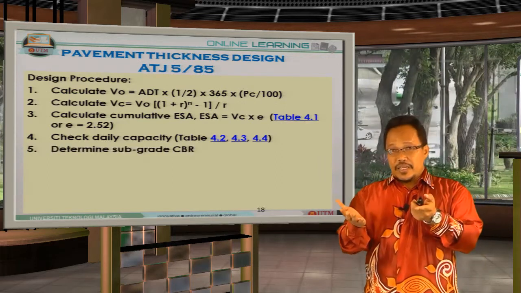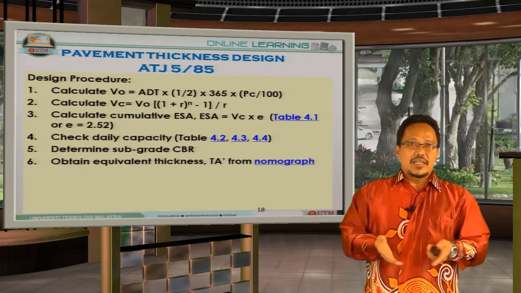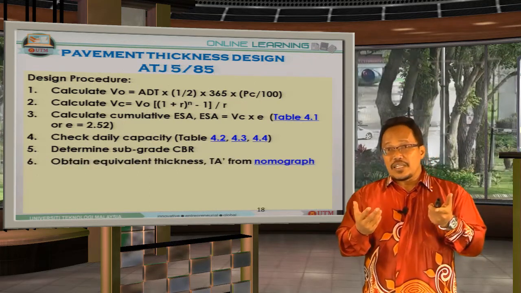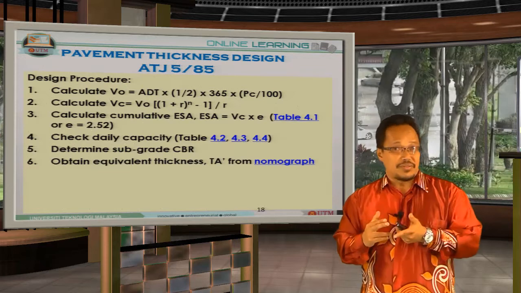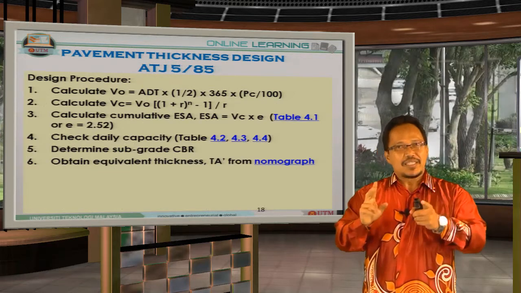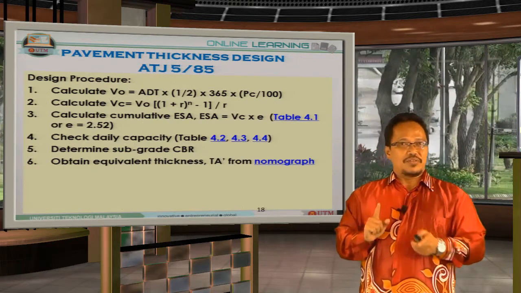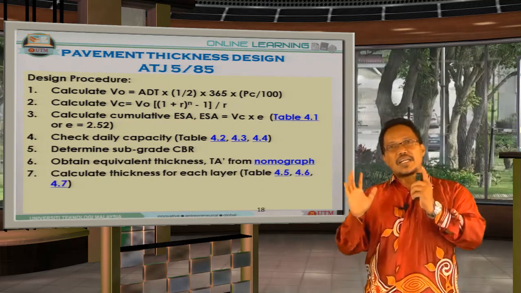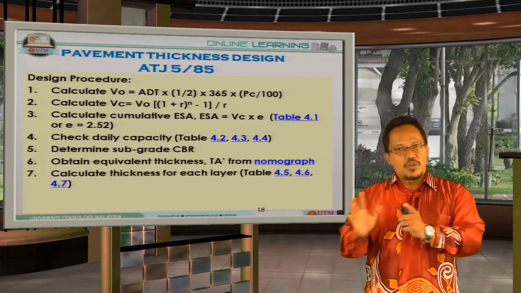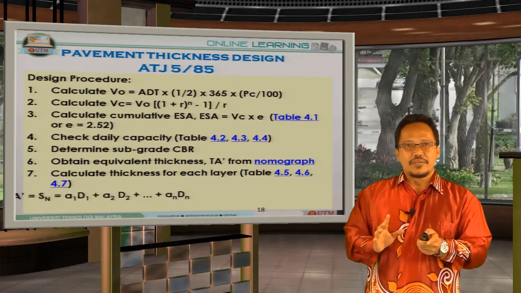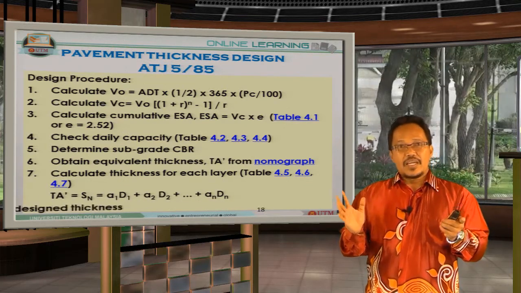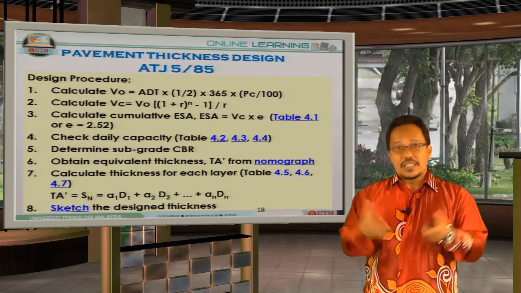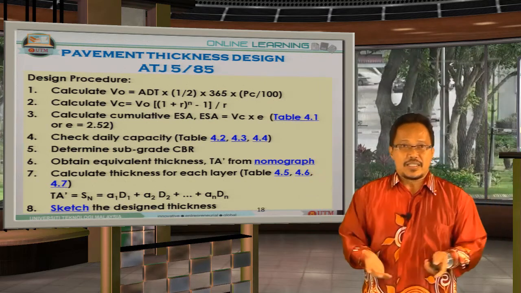Determine the subgrade strength, and then obtain the equivalent thickness from the nomograph. You should pay attention to how to use the nomograph. Then calculate the thickness, referring to those three tables, I'll show you later. And finally, of course, sketch the design thickness.